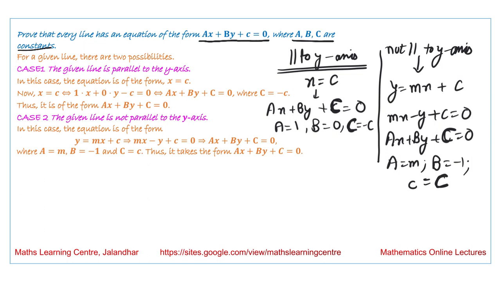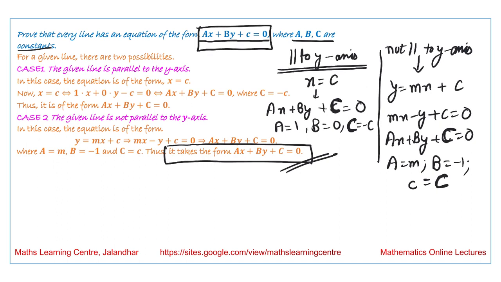So every equation of a line is of the form ax plus by plus c is equal to 0. This is the general equation of the line.